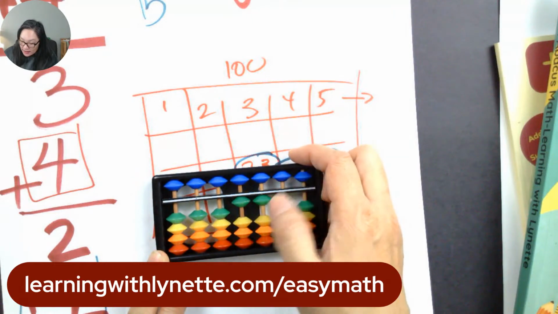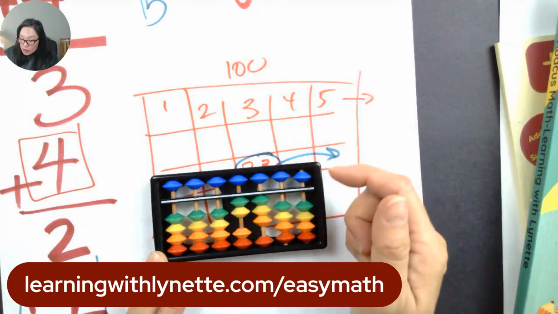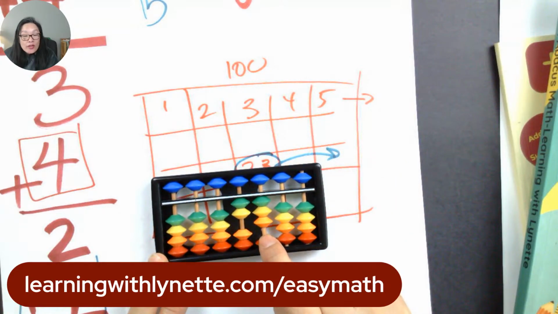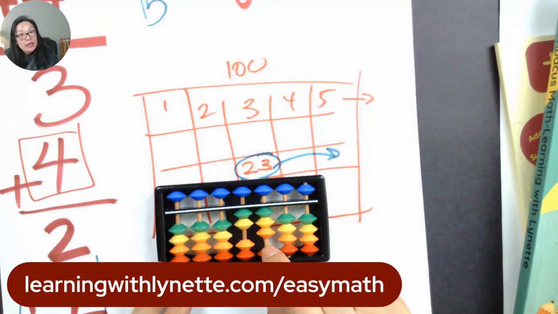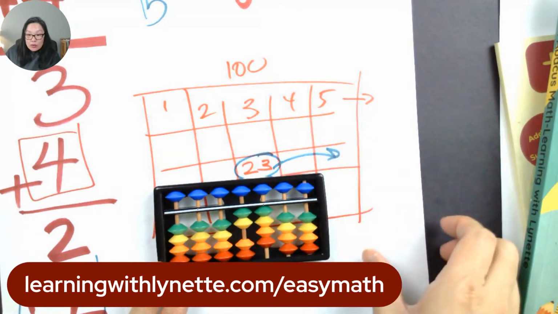We know that this is 11, 12, 13. They see that this is 13. They may not remember the word 13, because 13 in English is very difficult. But when we do 23, they know the next number over would be 4, so they just need to add the one bead to make it 24.